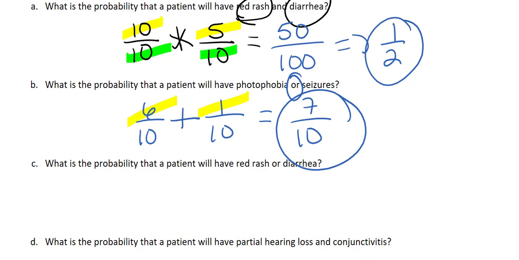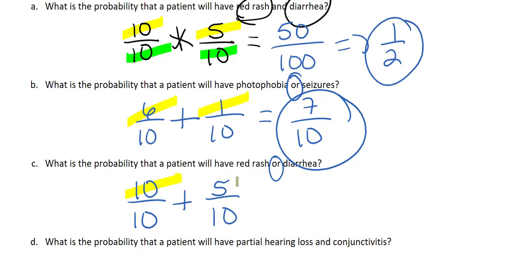Now, what is the probability that a patient will have a red rash or diarrhea? So this is revisiting the first one, part A, but this one's an "or" probability. So we have the same probability, except we're going to go ahead and add these together instead of multiplying them. So we just go ahead and add what's on the top.